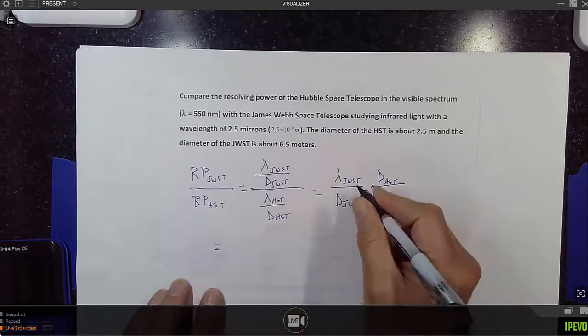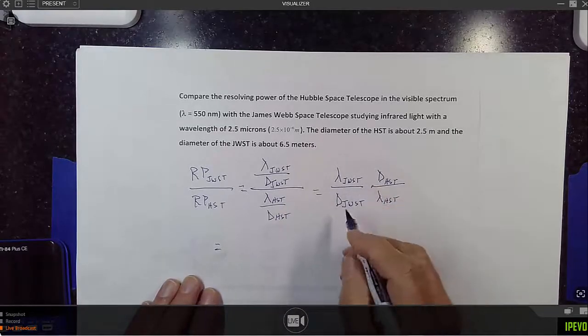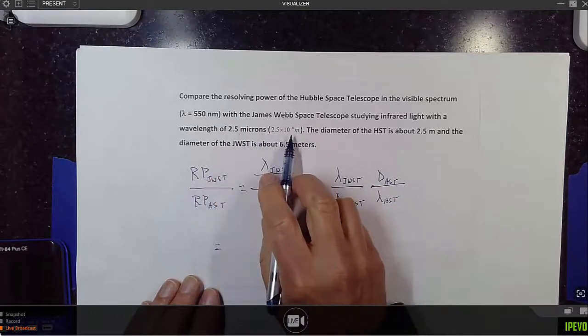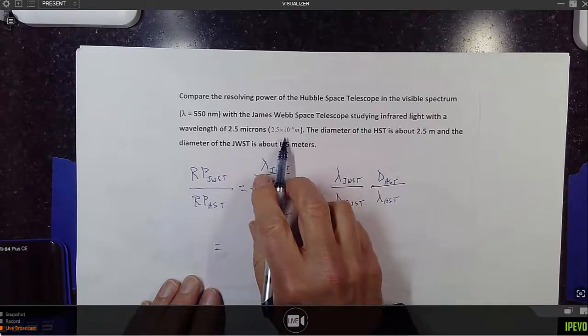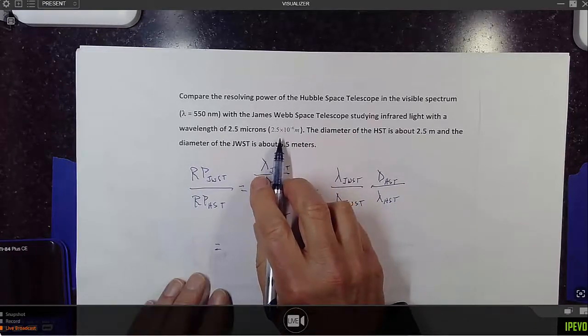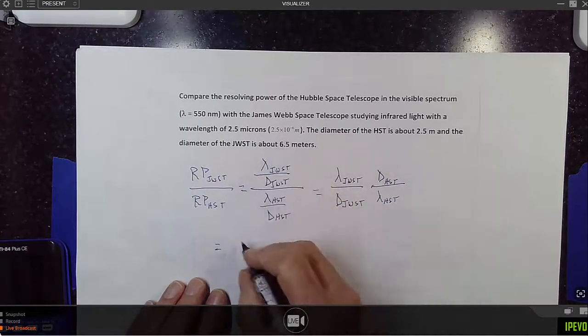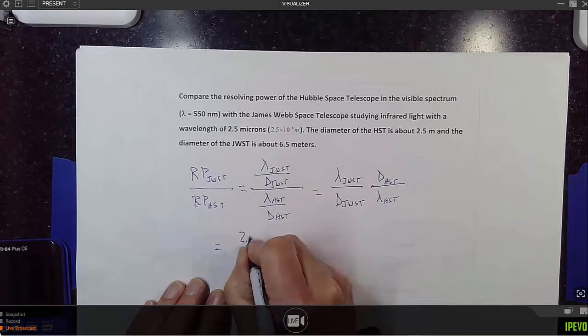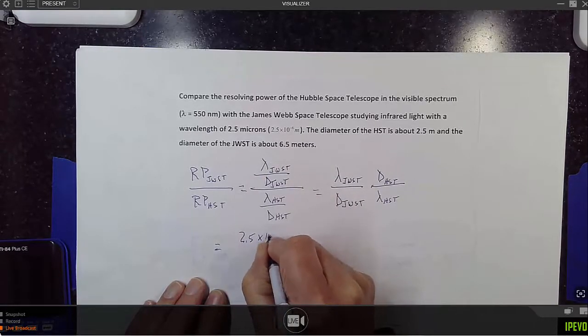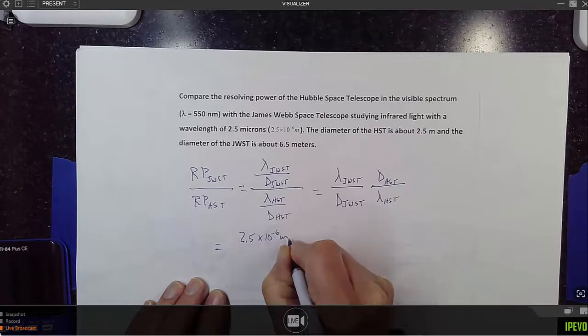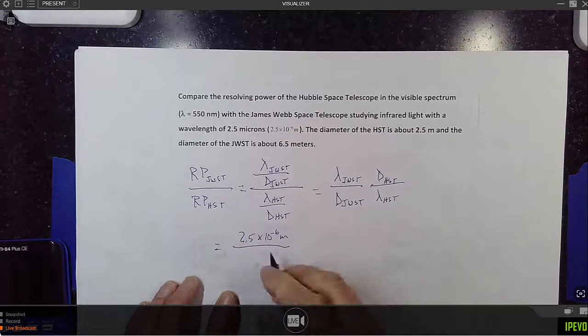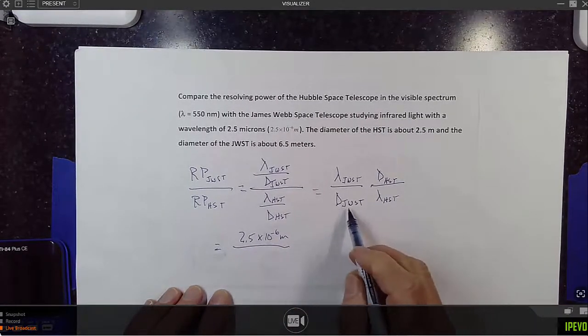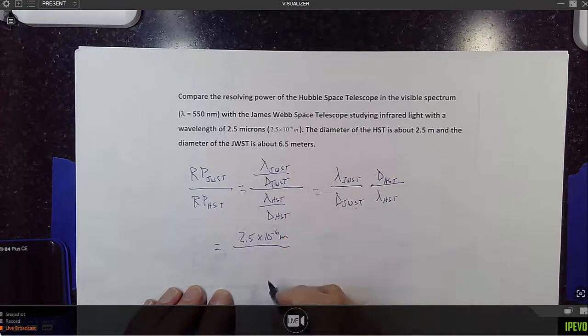And this will equal, let's see, for the James Webb Space Telescope, the wavelength it's studying, actually it has a whole spectrum, but I just picked one in the middle of it, will have 2.5 times 10 to the minus 6th meters. Yeah, I'm going to have to convert all these wavelengths to meters. The diameter of the James Webb Space Telescope is 6.5 meters.